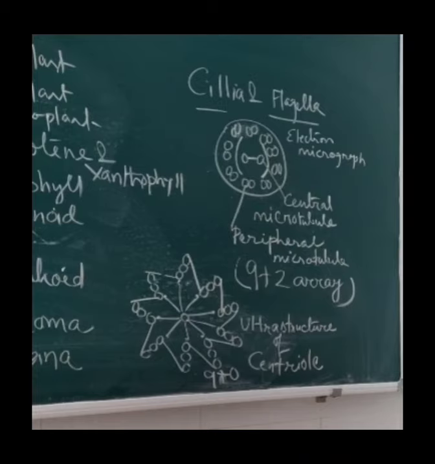Now these 9 spokes are there. These are cylinders of microtubule, each one bearing again 3 cylinders, so it gives a very tough structure. It is made up of 9 evenly spaced peripheral fibrils of tubulin protein. The protein present in this microtubule is tubulin.